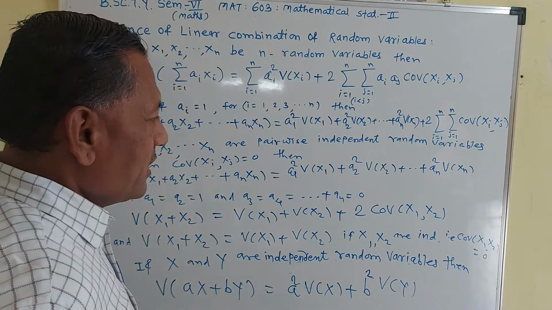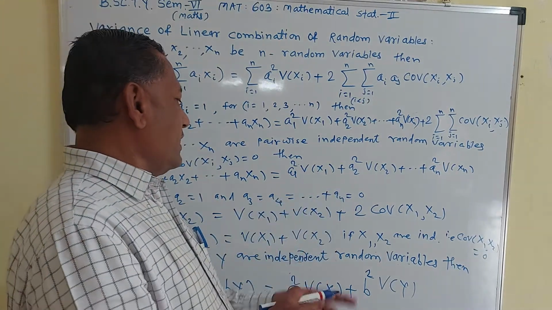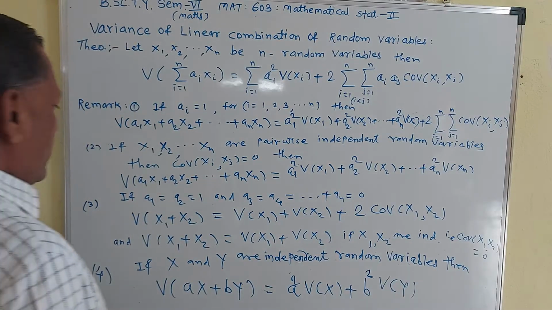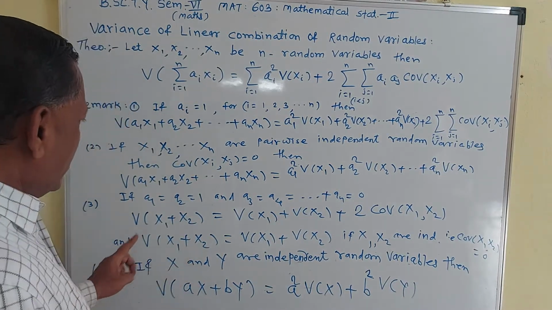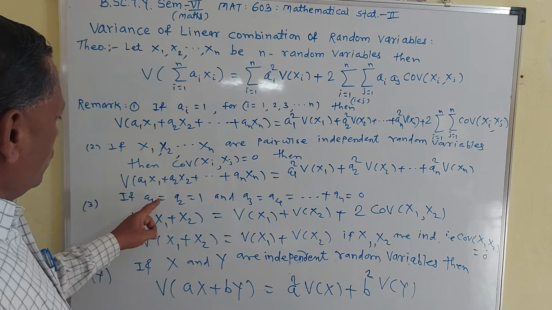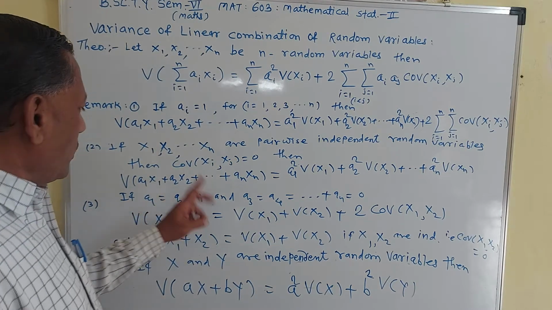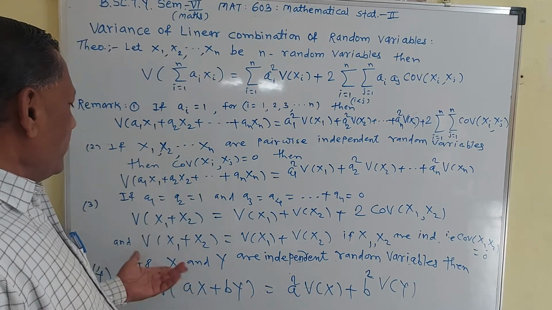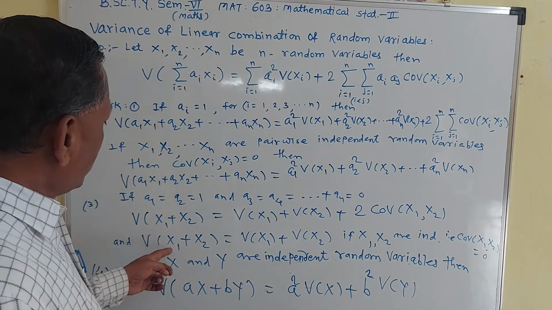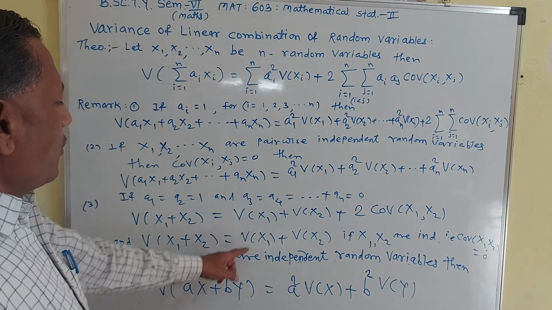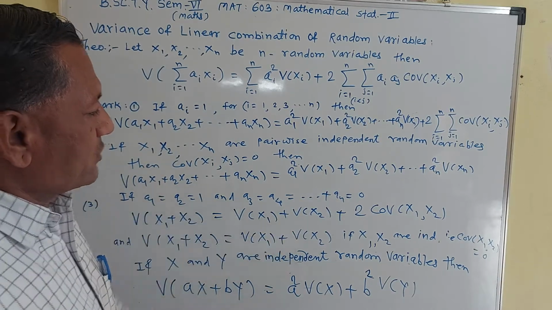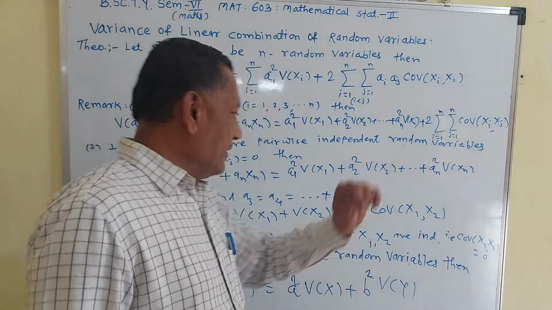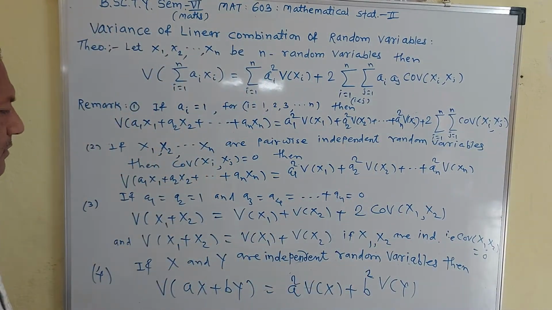And same here, if covariance between them is 0 when X1 and X2 are independent variables, then in both cases, a1 equal to 1, a2 equal to 1, and a1 equal to 1, a2 equal to minus 1, you obtain variance of X1 plus or minus X2 is equal to variance of X1 plus variance of X2 if X1 and X2 are independent random variables.